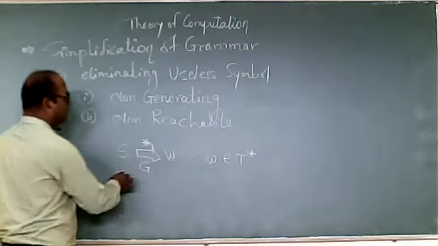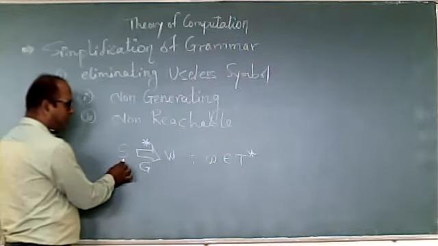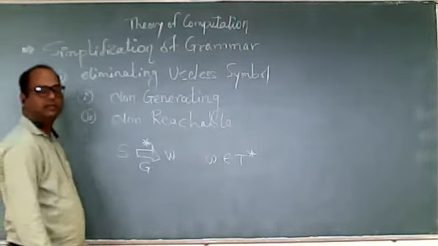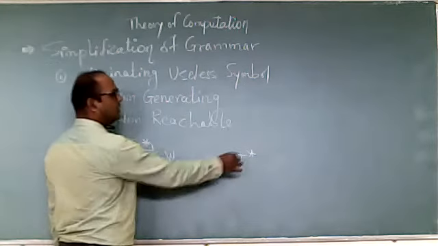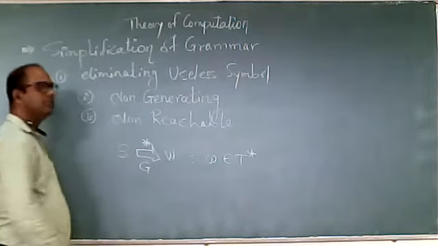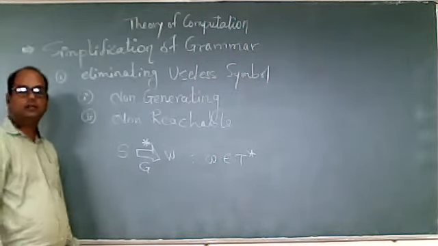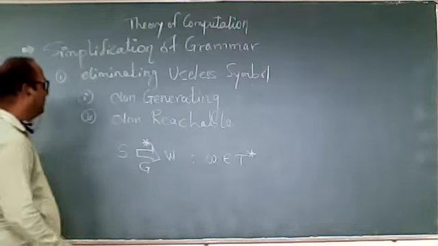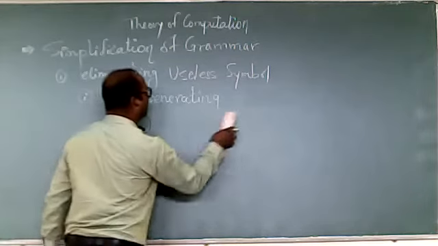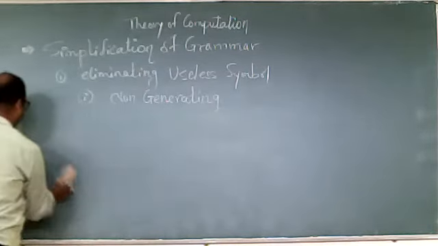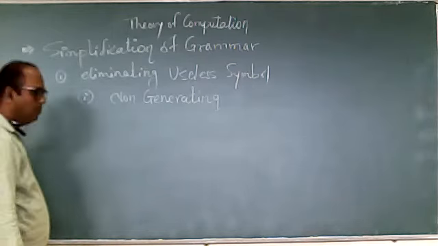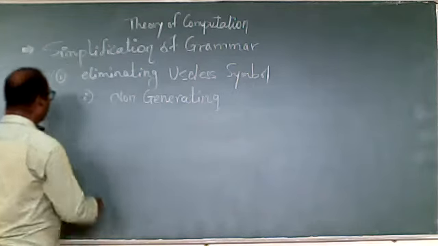So this is the generating symbol. From any variable, by applying the grammar multiple times, we must reach a string, the combination of terminals. Then we say this S is generating. This is the symbolic representation. So first we will see how to simplify the grammar with generating symbols; non-generating symbols we will just remove.